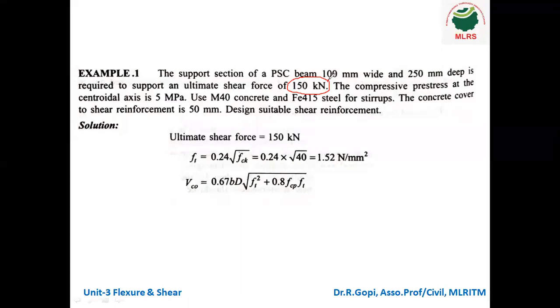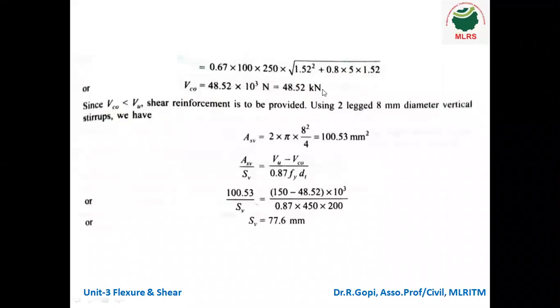But the concrete beam resists only 48.52 kilonewton. So this beam is not safe. The externally coming shear is 150, but the concrete shear resistance is only 48. You can compare, 48 and 150, nearly 3 times.